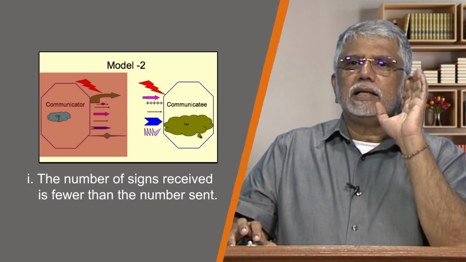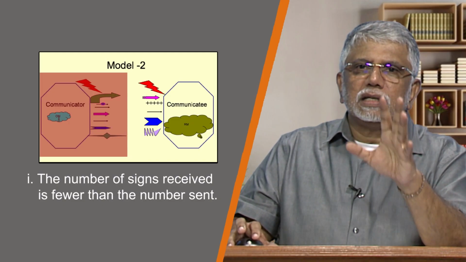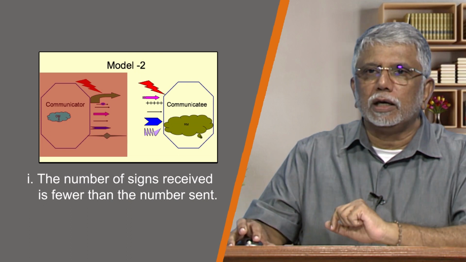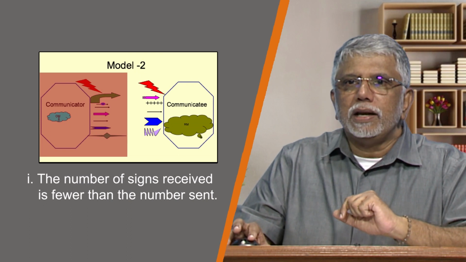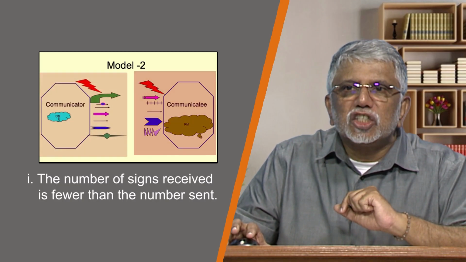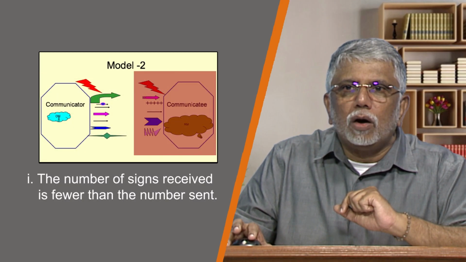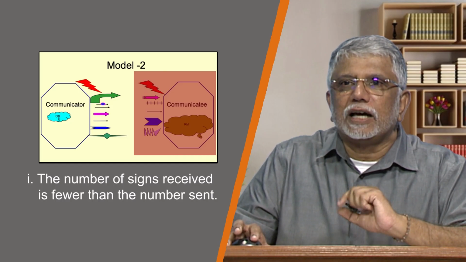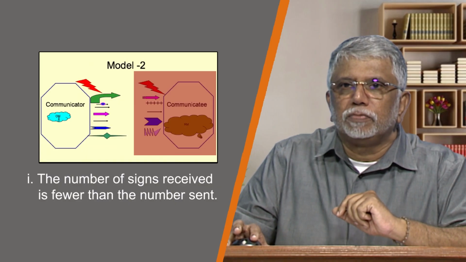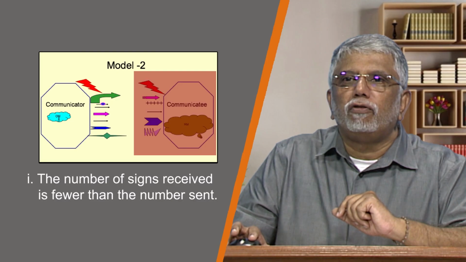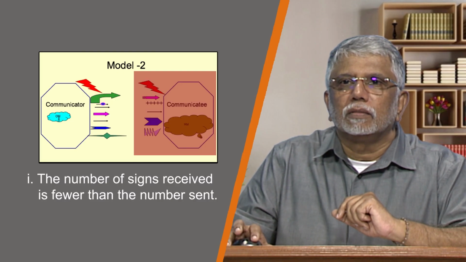Representative, 8 signs emanating or transmitted by the communicator. How many reach the communicatee? Let us count the signs the communicatee perceives, or signs that have reached the communicatee. 1, 2, 3, 4, 5, 6.